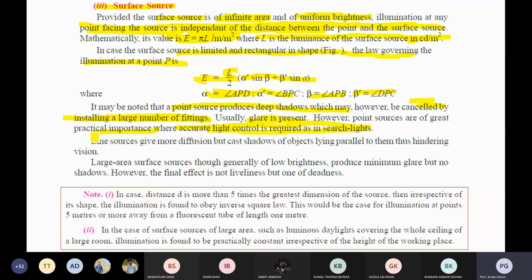A large area surface source of generally low brightness produces minimum glare but no shadows. However, the final effect is not liveliness but one of deadness. The main motivation is how eye-soothing the lighting is. So you can understand.